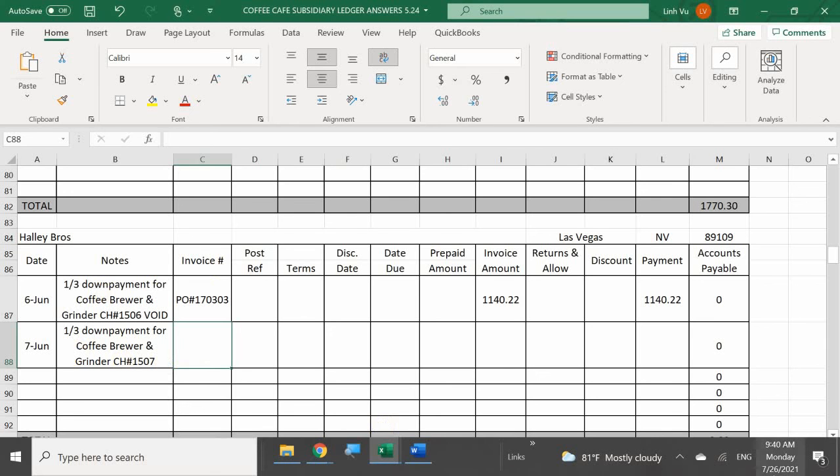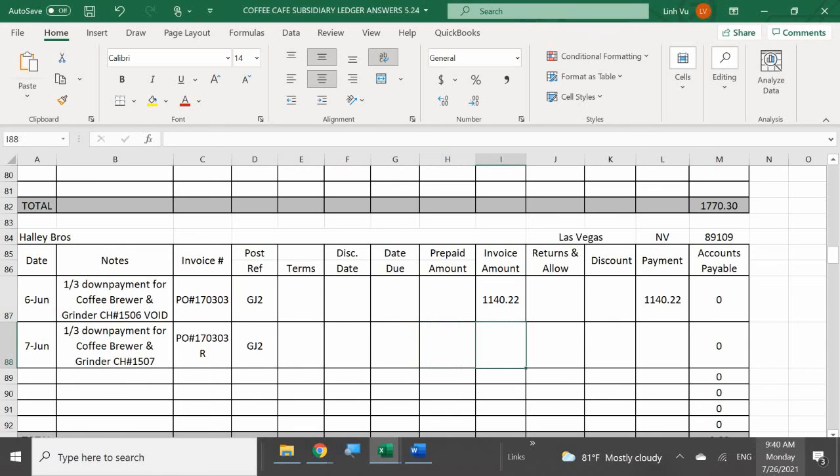In this case, the invoice is going to be PO number 170303R because I made revisions to it. Post reference is general journal number 2. I don't know why I don't have it up here, but it should be general journal number 2. Of course, we didn't receive a bill yet, so all of this stuff is not going to be there.